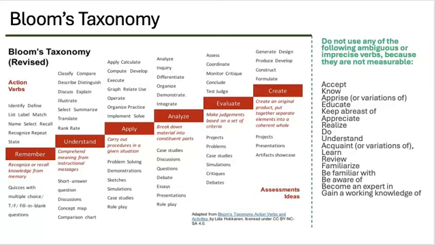On the right-hand side, it's very important to pay attention to words that you should not use when you are writing learning objectives. One of the ones that is used most commonly by faculty members is understand. Another one is learn. So writing an objective that contains those words is an objective that needs to be revised using different verbs.